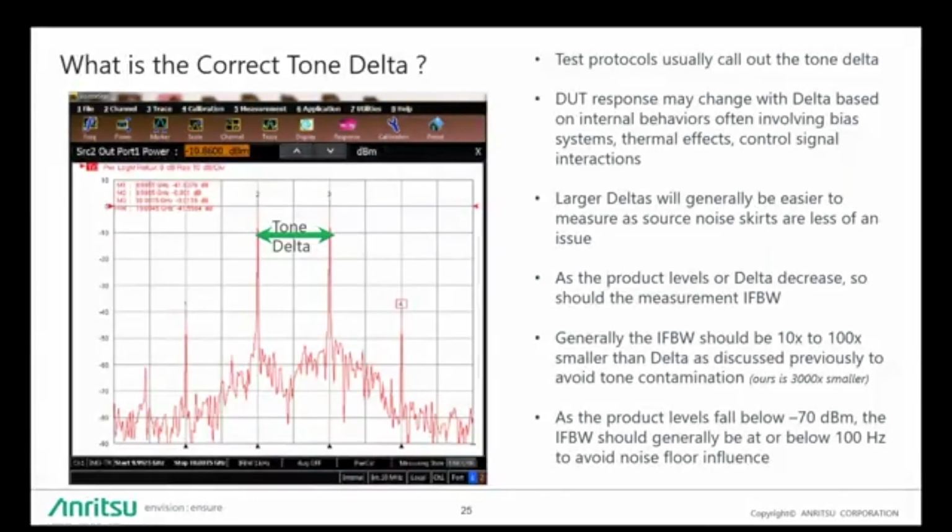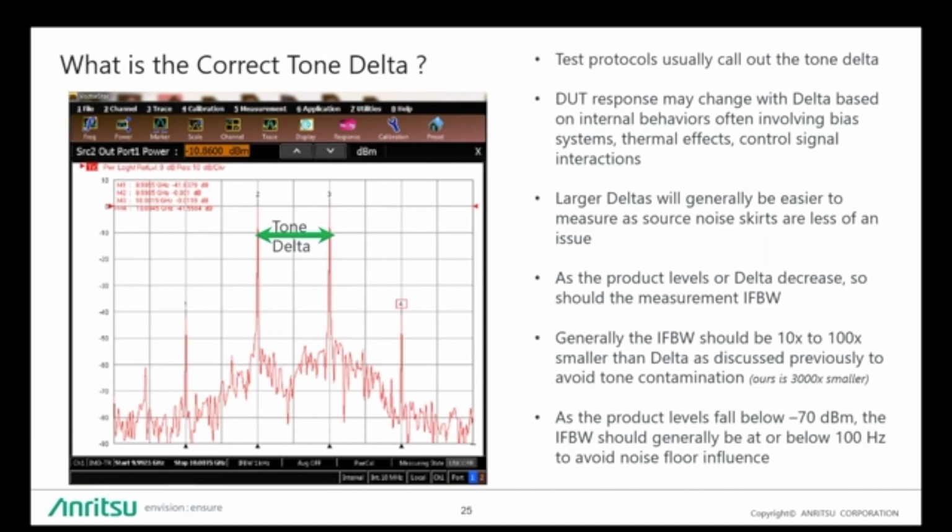So generally, what is recommended for the VNA is as the delta decreases, so should the IF bandwidth. Now, in this particular case, I've used an IF bandwidth of 1 kilohertz, which is more than sufficient for this measurement. If the tone delta is 3 megahertz, an IF bandwidth of 1 kilohertz means it's 3,000 times smaller than the tone delta.